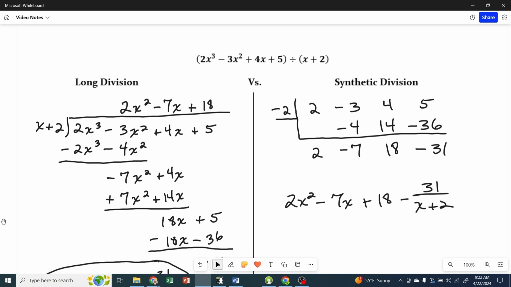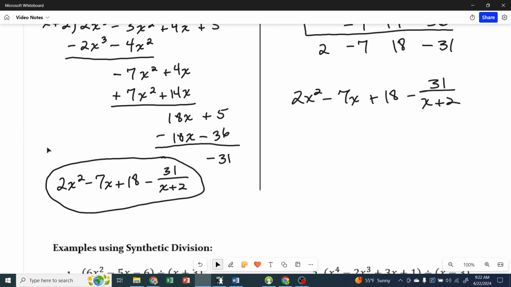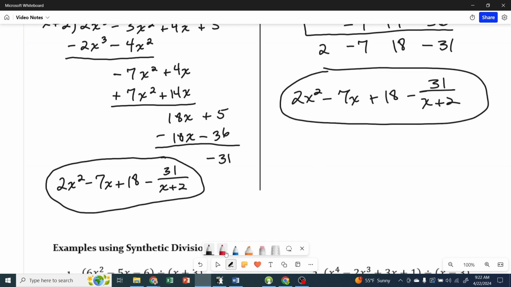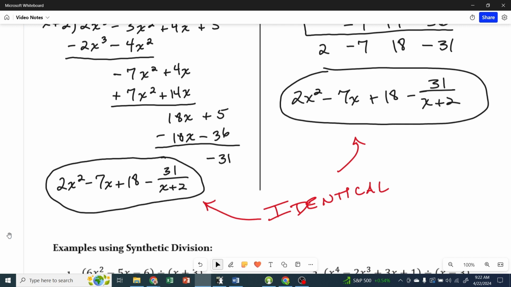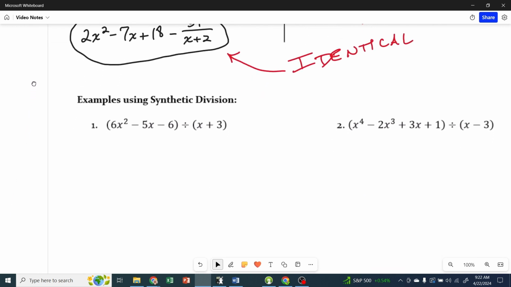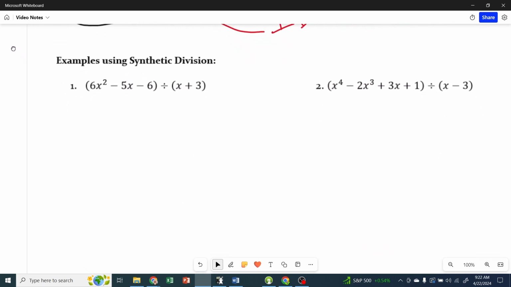And we should have identical answers, and we do. Okay, those two are identical. Alright, so that's when we can do synthetic division.